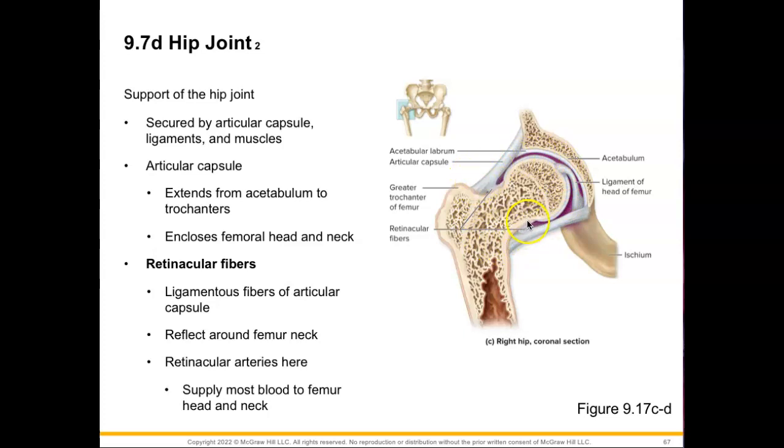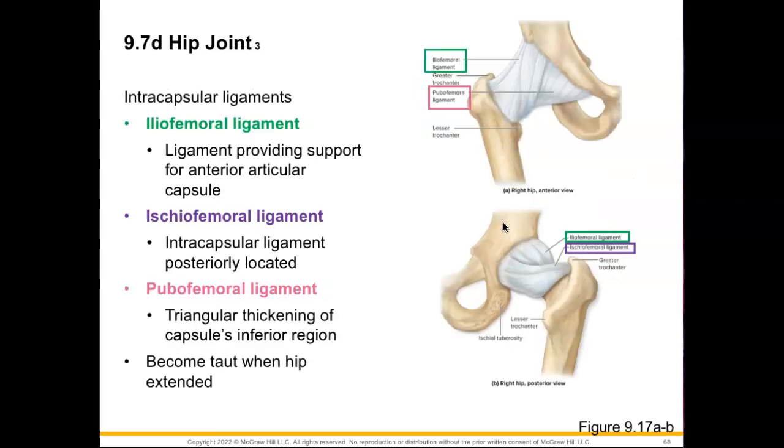We also have these retinacular fibers over here on each side that are going to be kind of connected to that articular capsule, and it reflects around the femoral neck. We'll also have some retinacular arteries here, which aren't pictured, but they help give most of the blood supply to the femoral head and neck.